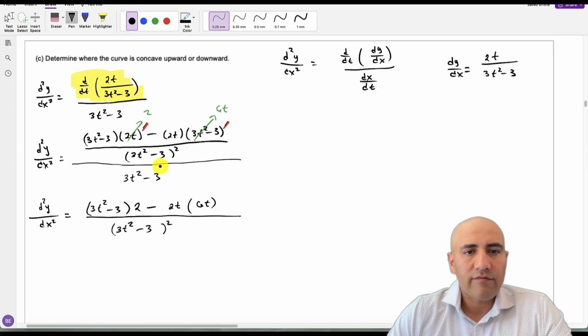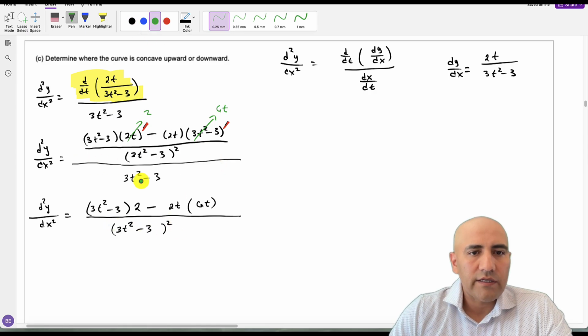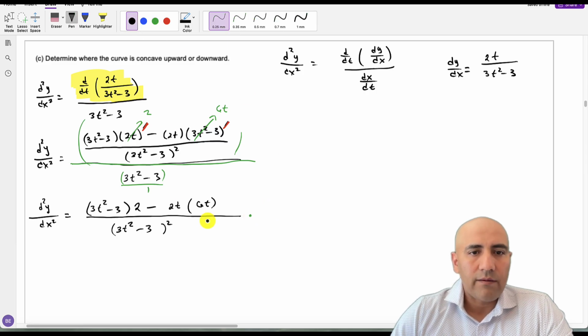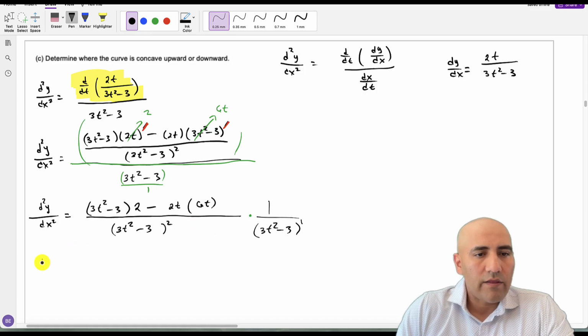And now we have a giant fraction here, with a fraction in the numerator divided by another fraction in the denominator. So we can multiply the numerator times the reciprocal of the denominator. So I just end up flipping these upside down and get 1 over 3t squared minus 3, which can of course be combined with this one, power 2, power 1, that becomes power 3. So let's combine all that.